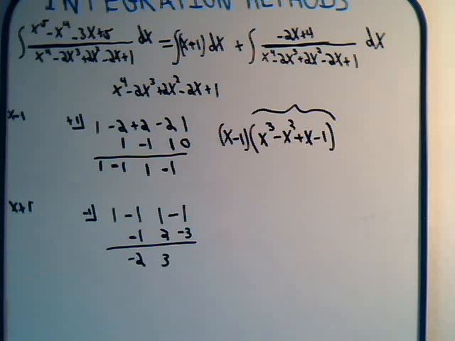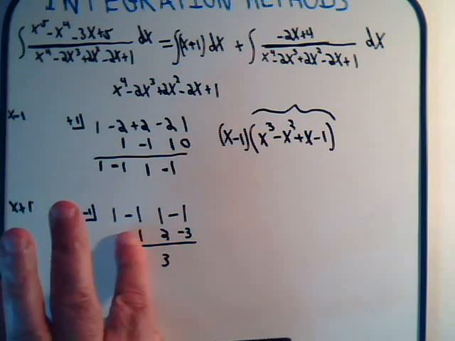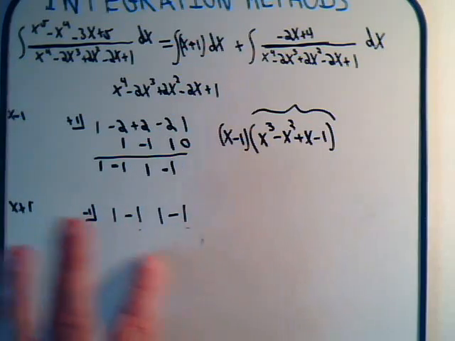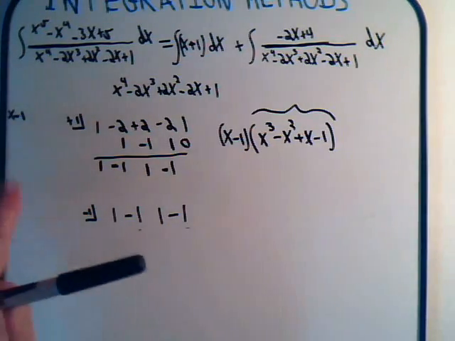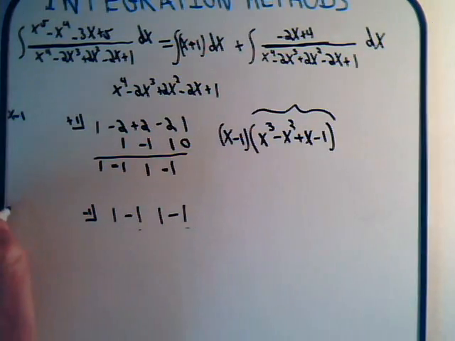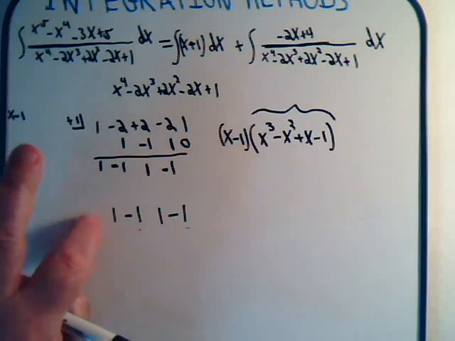Before we go on to higher numbers like x plus 2 or x minus 2, we didn't try x minus 1 yet. So, erase this. Let's see if for this part, x minus 1 will be a factor. We've eliminated x plus 1.